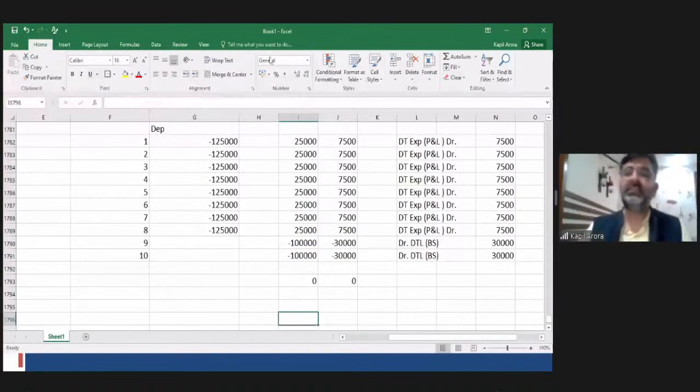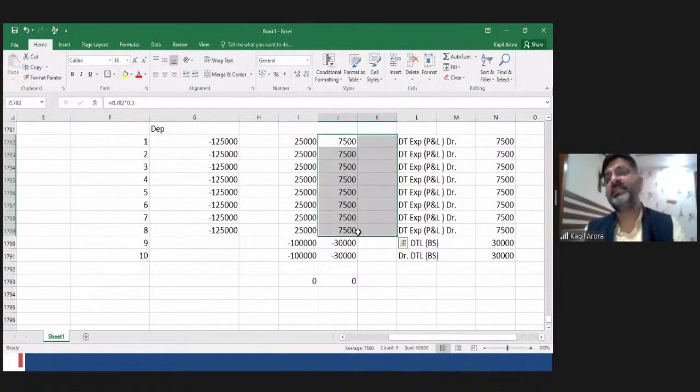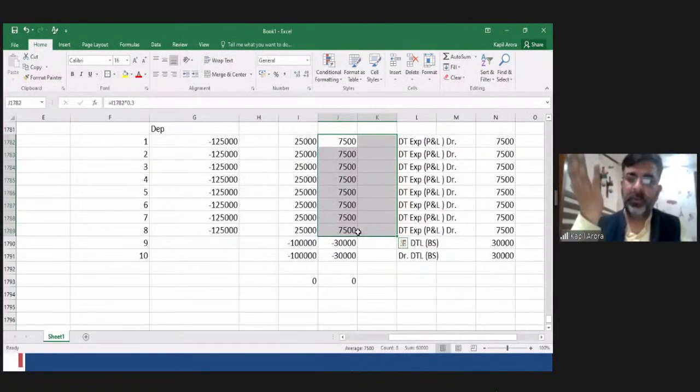Because it is a temporary difference, at the end this becomes 0. It has created a deferred tax liability because I am getting the benefit here. Up to 8 years, deferred tax liability will keep on increasing.